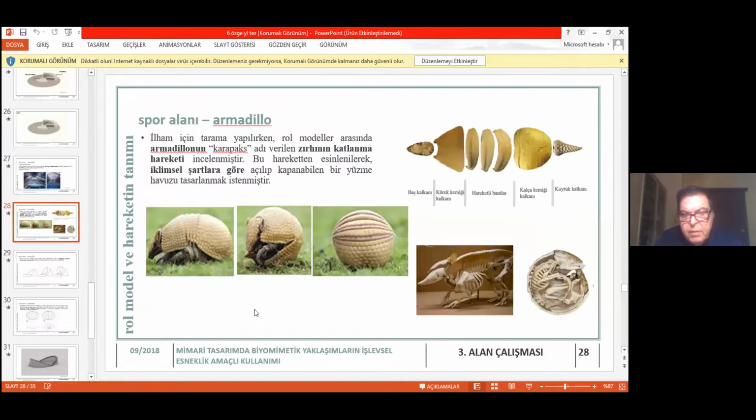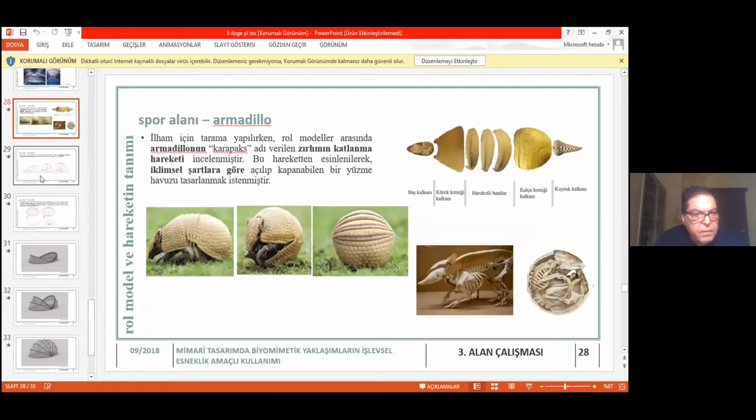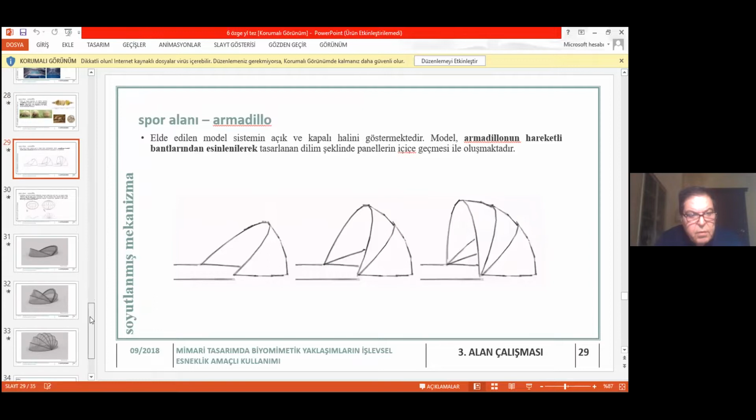The armadillo is an animal that lives in Central America, I think. And its shell is folding. So Özge designed this building according to the armadillo's shell.